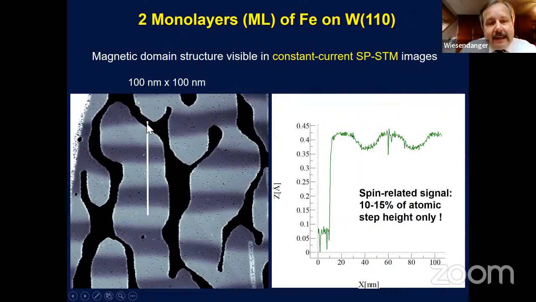You can draw a line section. And this is shown here, where the scale on the y-axis is given in angstroms, and here the position along the scan line. And you see that the variations due to the spin-polarized tunneling effect above the different domains are extremely small. It relates basically to apparent height changes on the order of a fraction of an angstrom. Please compare that with the monatomic step height.